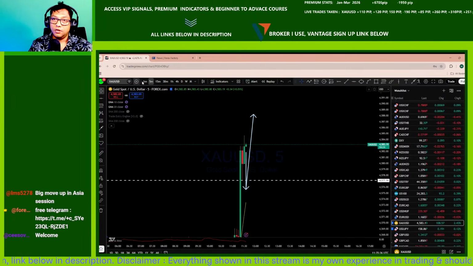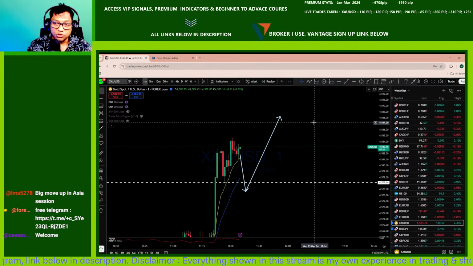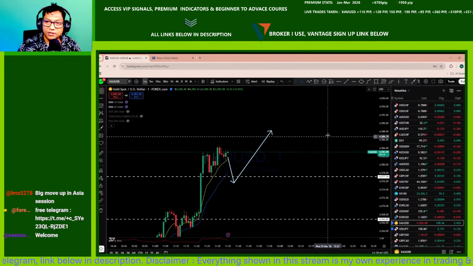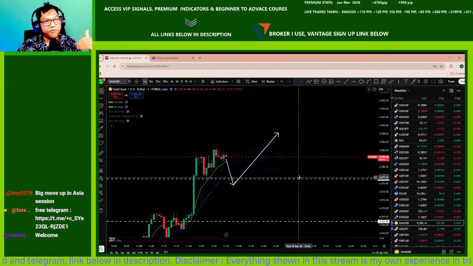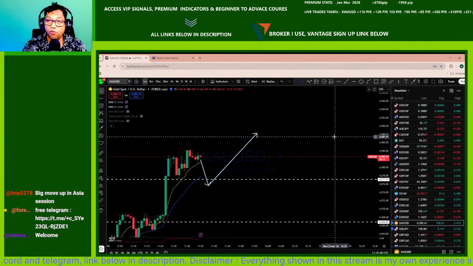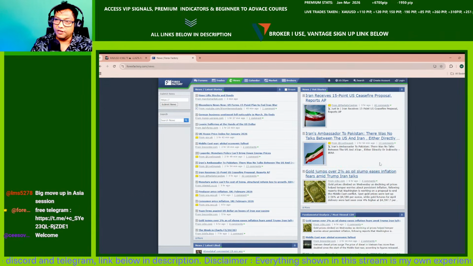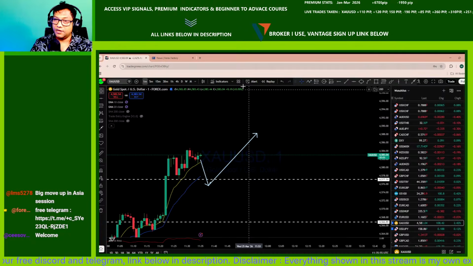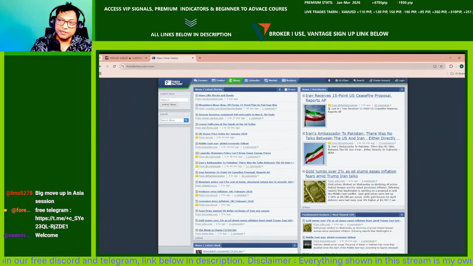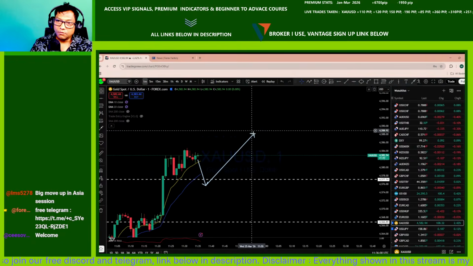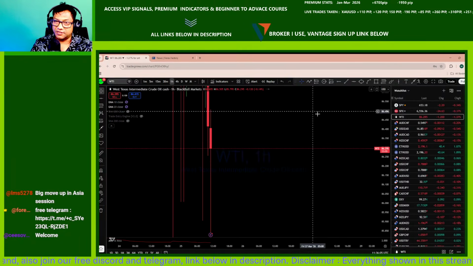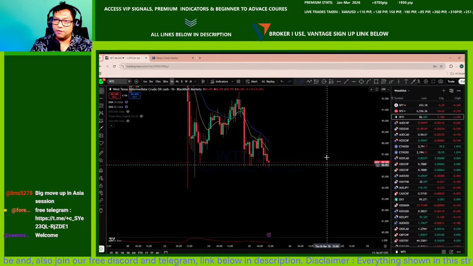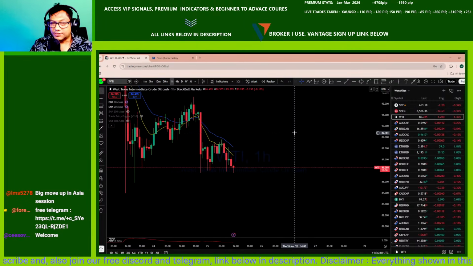That's why I always tell you guys, always look at the news, the trend analysis, the technical, fundamental, as well as the overall picture. Why this news is potentially bullish for gold sentiment is because this war was mostly shaping the energy market. You can see WTI started to show slight bearish movement.